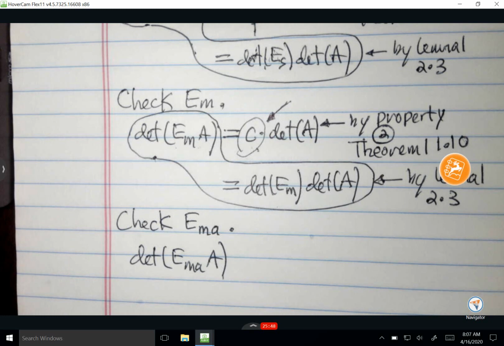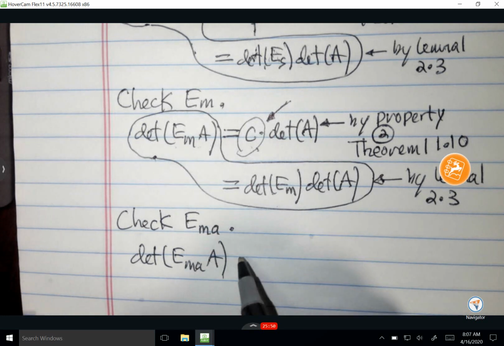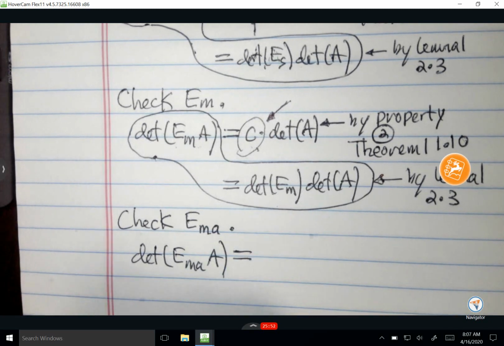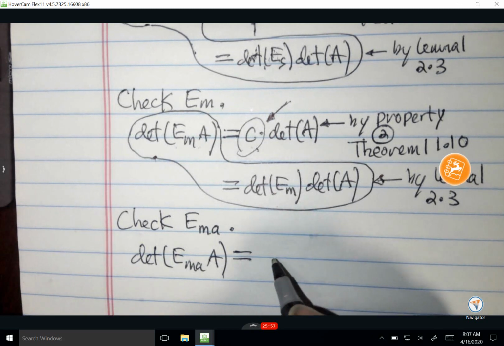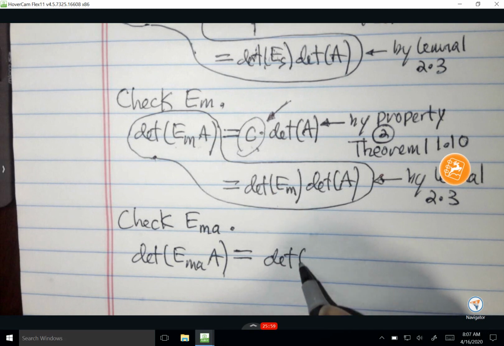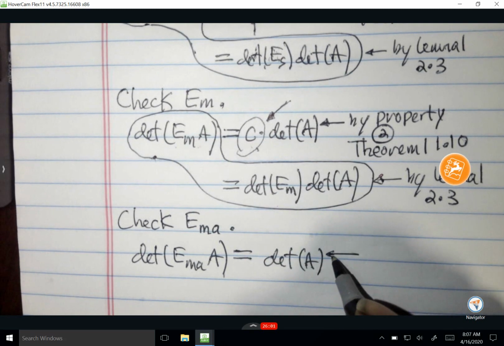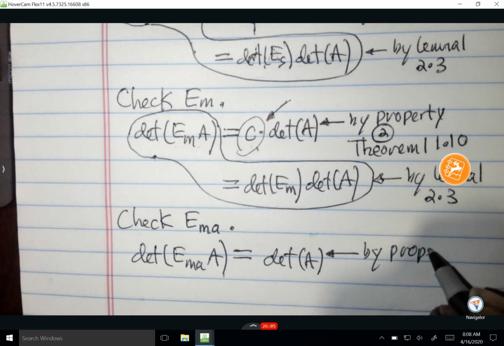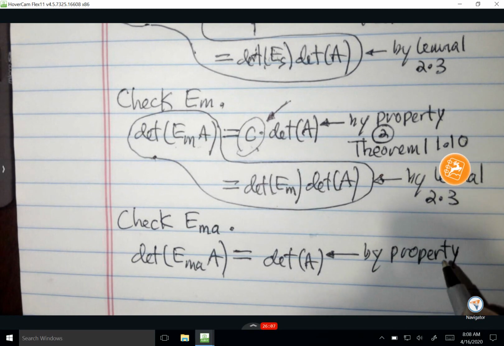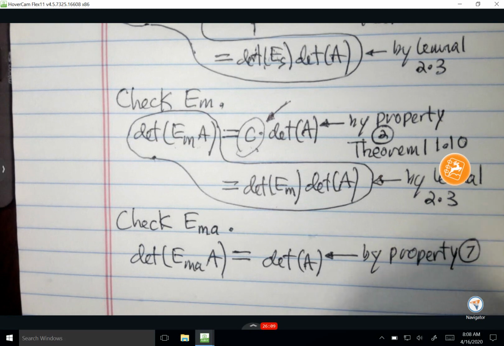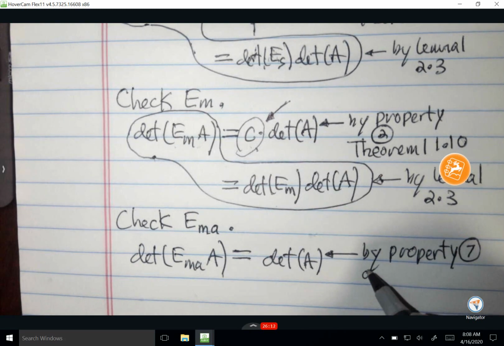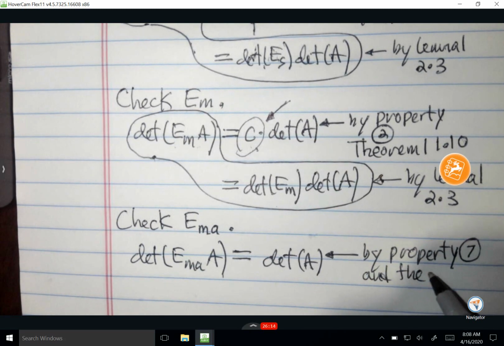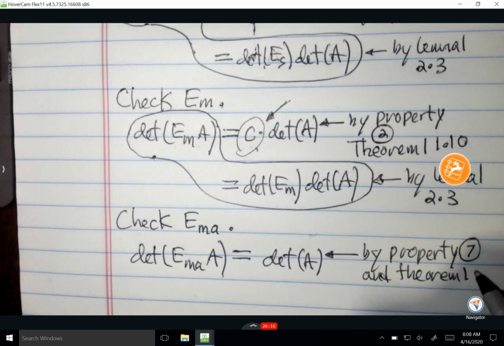So by property 7 in 2.2, that doesn't change the determinant at all. So that's equal to the determinant of A. Why? By property 7 this time, which you all can prove, and Theorem 1 in 1.10.